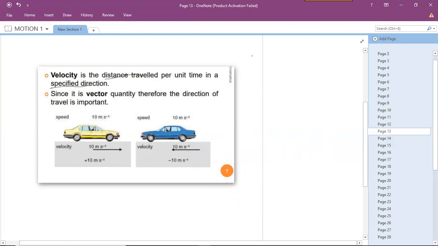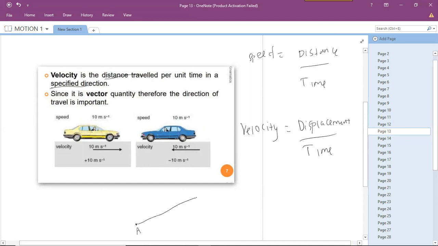So the formula for speed is distance over time. You have to know this. But the formula for velocity will be displacement over time. What's the difference between distance and displacement?